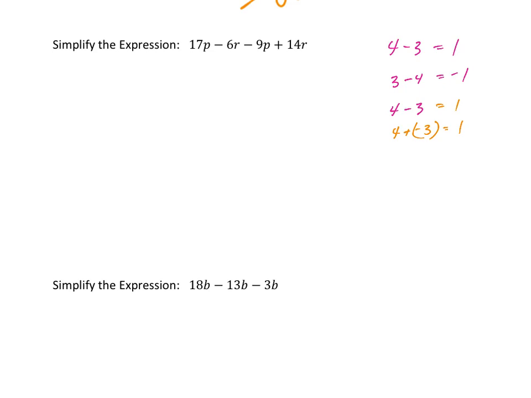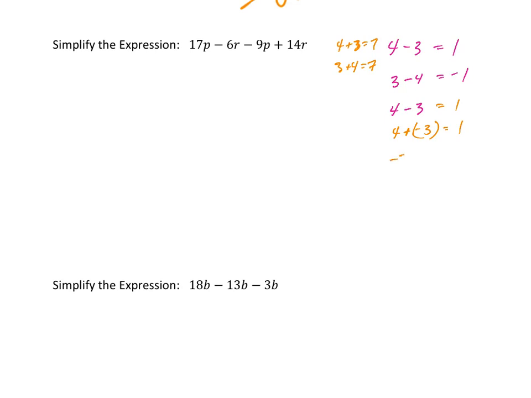And now that I've turned this to addition, I can commute. Okay, because I know that 4 plus 3 equals 7 and 3 plus 4 equals 7. And that works with any number as long as it's addition. Doesn't matter if they're negatives or positives, as long as it's addition.